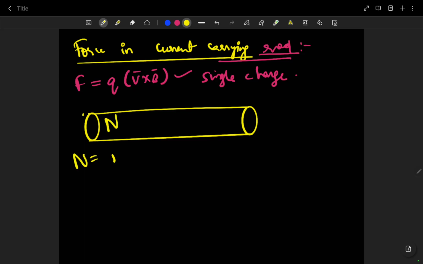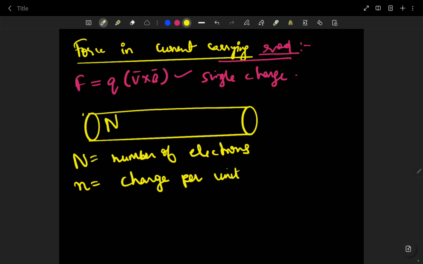So N is basically the number of electrons, and what is small n? Small n is basically charge per unit volume. Okay, and this rod obviously has some length L and area of cross section A.